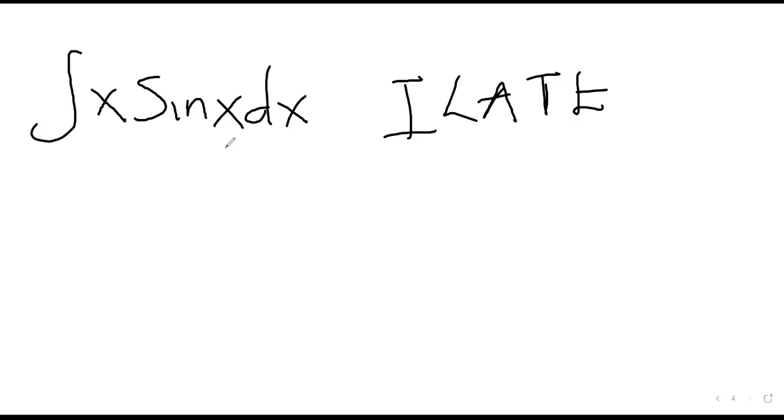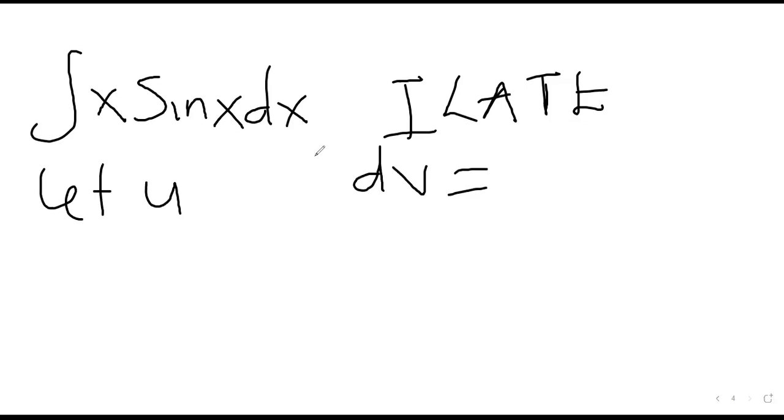Integration by parts has two parts, whereby you let u be equal to one of these parts, and the remaining part will be equal to dv.